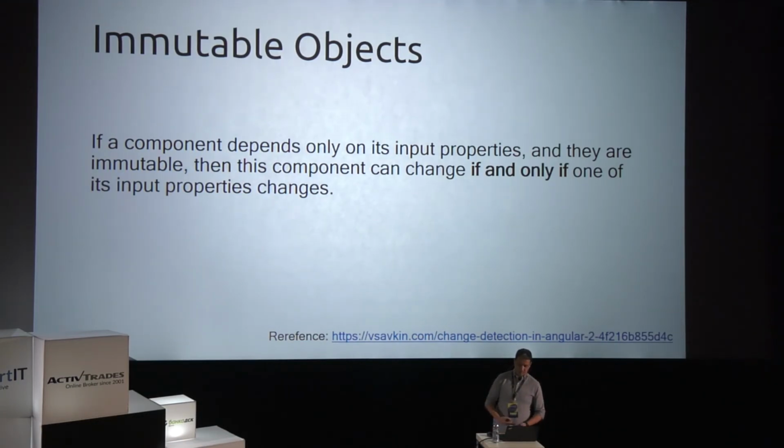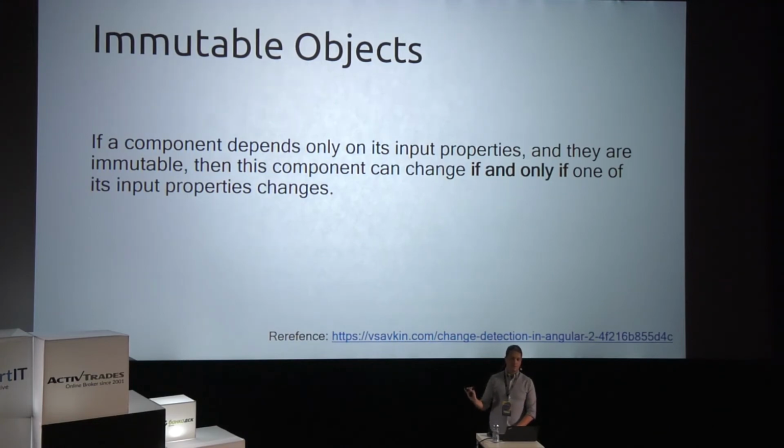So what do we mean by that? If our application state uses immutable objects, like in the examples above, we can tell a lot more about when a component should change. That means a component should change if and only if any of its inputs change.